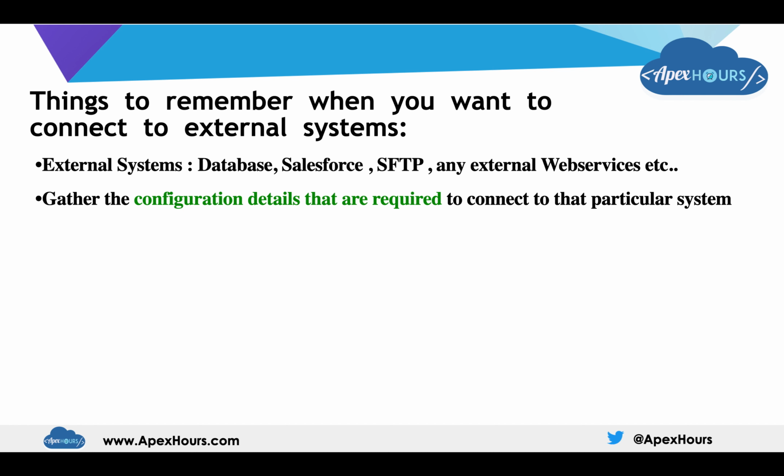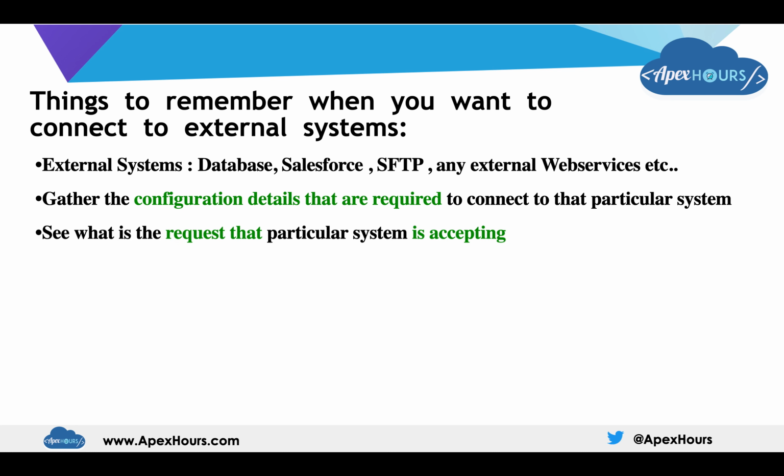For Salesforce, you might need a username, password, and if you have a token URL and a token, all this stuff. These are called configuration details. For example, if you want to log into Facebook or Instagram, you need a login ID and password. Consider it in a similar way. So gather all the configuration details required to connect to that particular system.